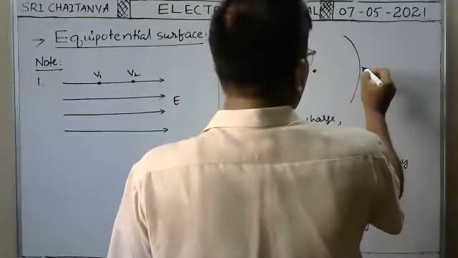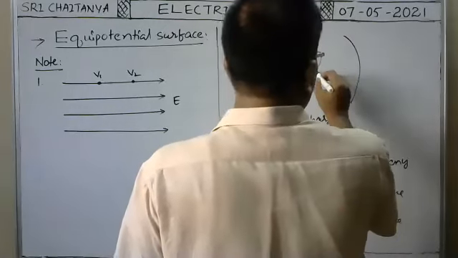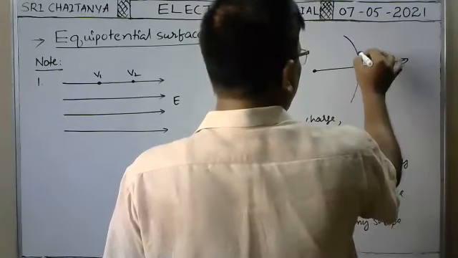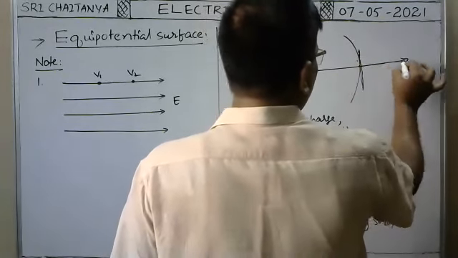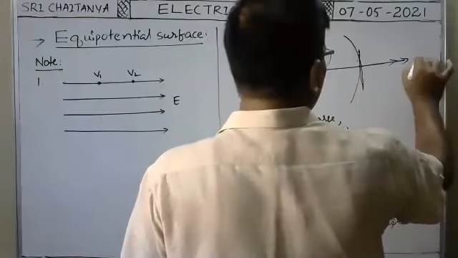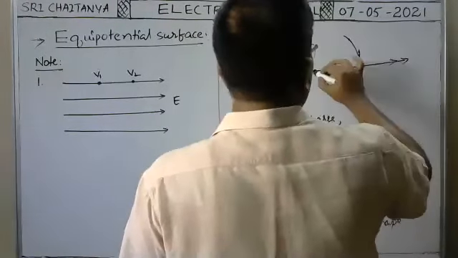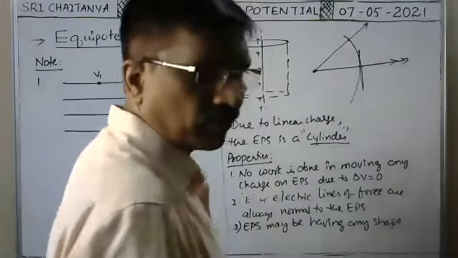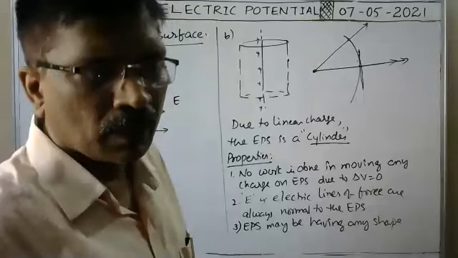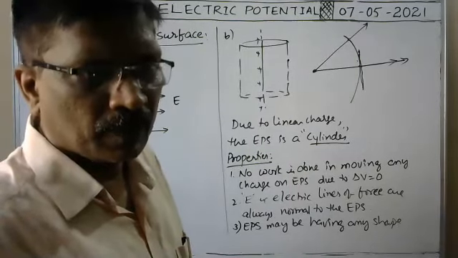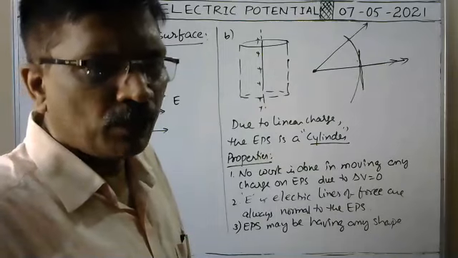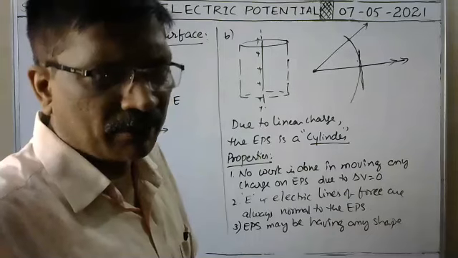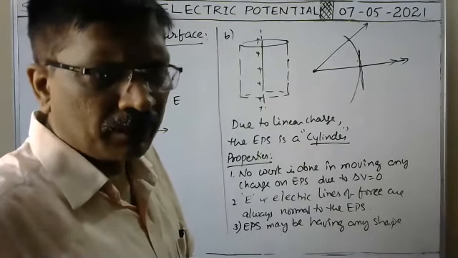If you draw the electric line of force or intensity of electric field, it is always perpendicular to the equipotential surface. At a point on the equipotential surface, if you draw the tangent, then the electric line of force is along the normal to the tangent. Electric line of force or electric field is always perpendicular to the equipotential surface.